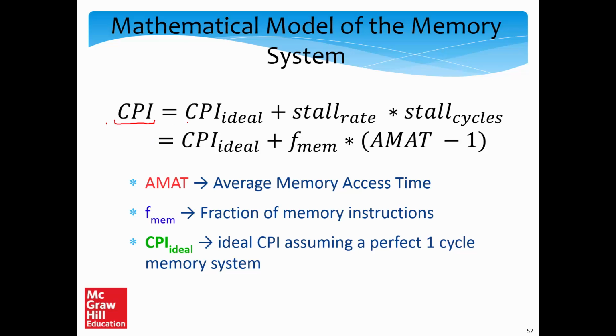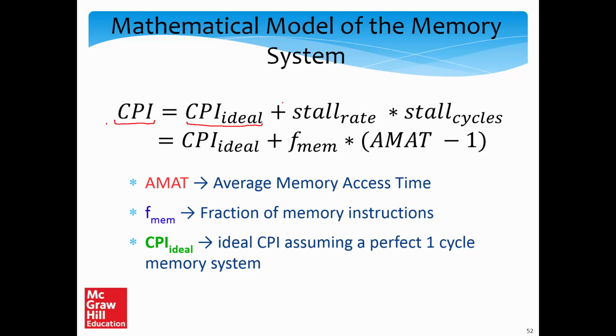Let the stall rate be the number of stalls that we have per instruction. So per instruction, what is the rate of stalls? For example, if for every 10 instructions, one of the instructions stalls, then the stall rate is 1 in 10. And let stall cycles be the number of cycles that we waste because of the stall.